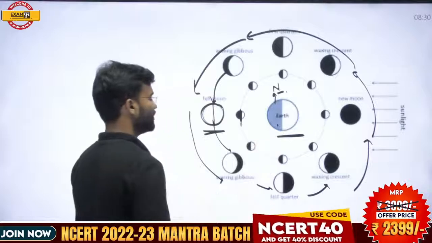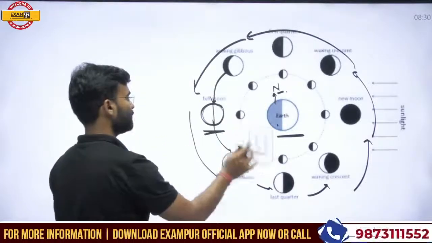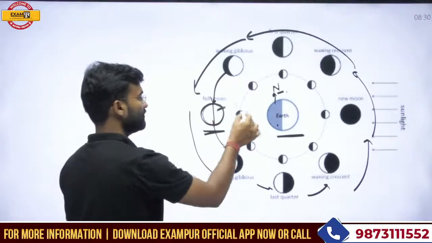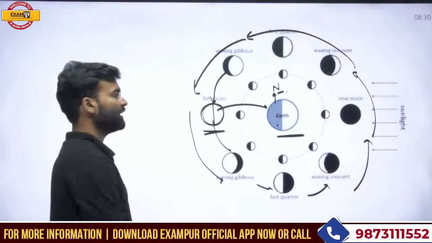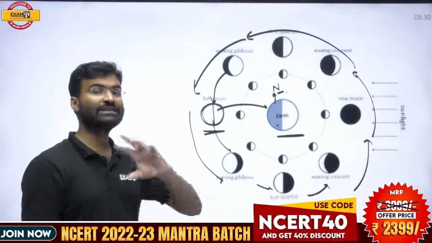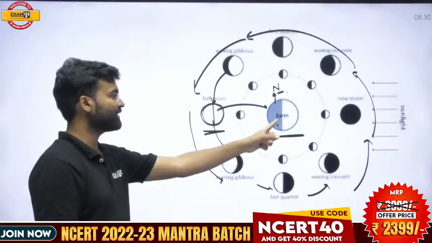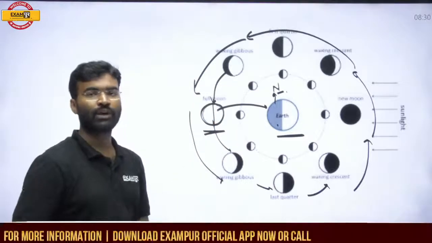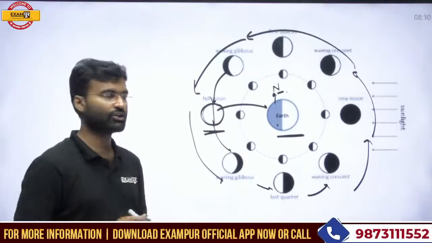So in the night you look at the moon's half portion, this brighter section, so the moon will appear completely, in full shape. You can see the full moon from the Earth's surface during the night, and that is why this condition is called the full moon condition.